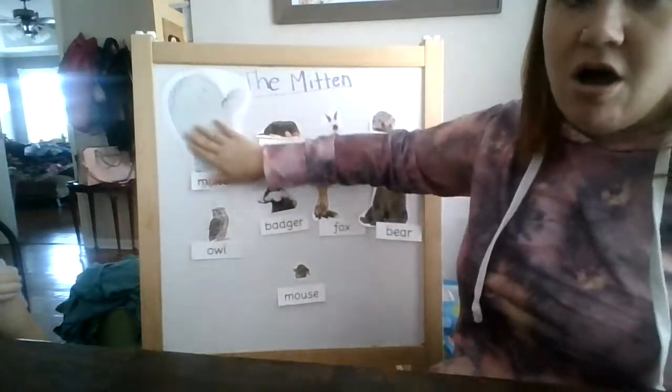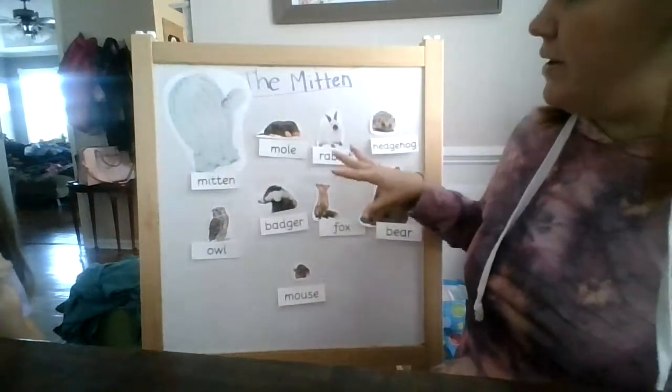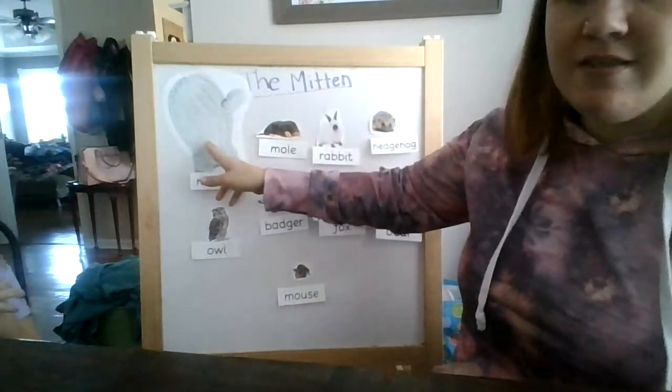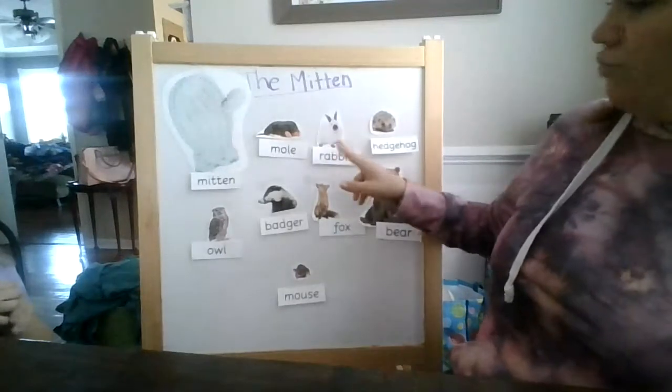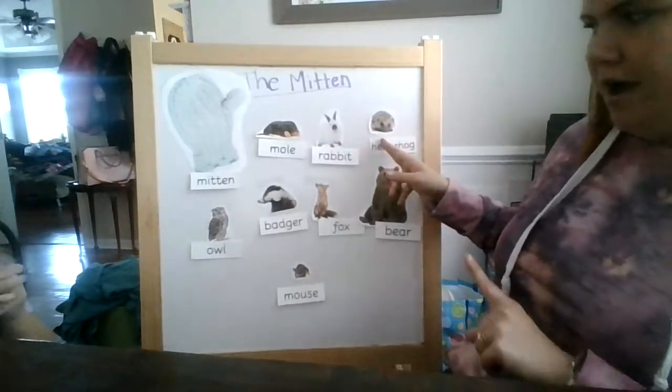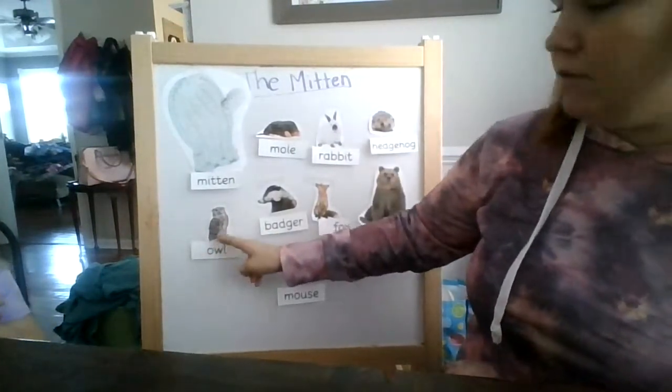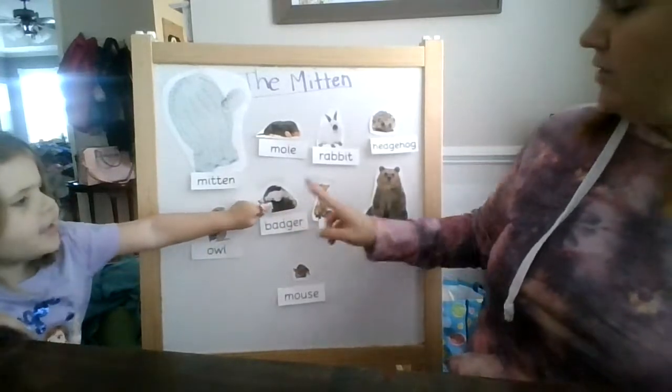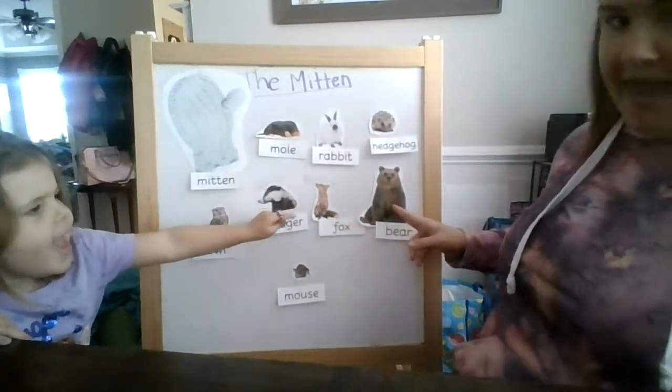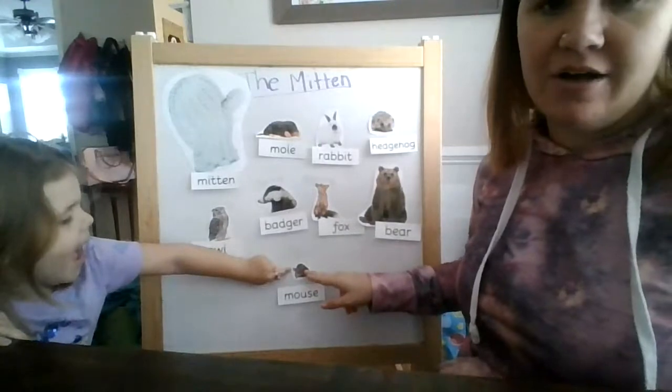So we've got all of our items from the book. We've got the mitten, mole, rabbit, hedgehog, owl, badger, fox, bear, and the mouse.